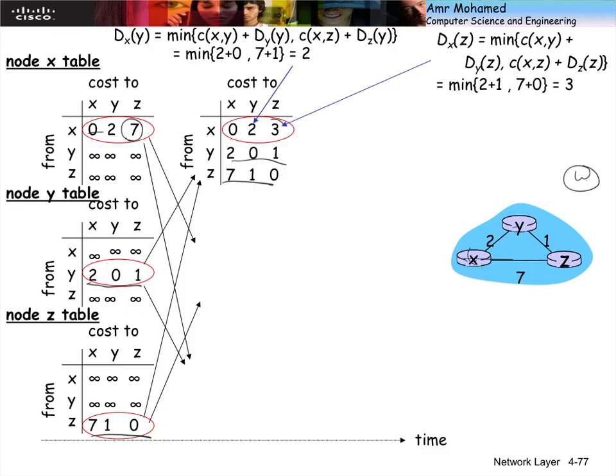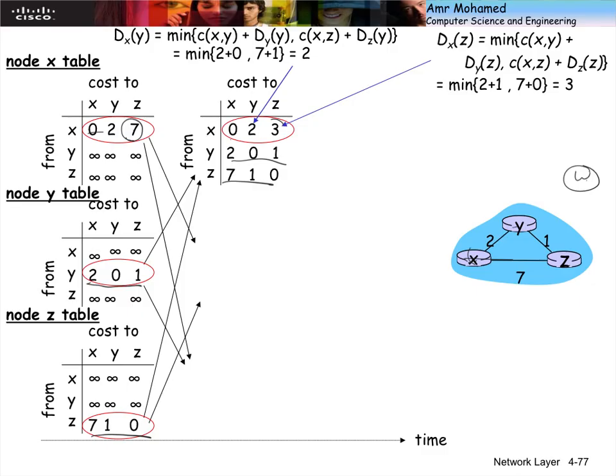So is it 3 or 7? Of course it's 3. So now X will change the next hop in the routing table to Y to go to Z, and the cost will be 3.